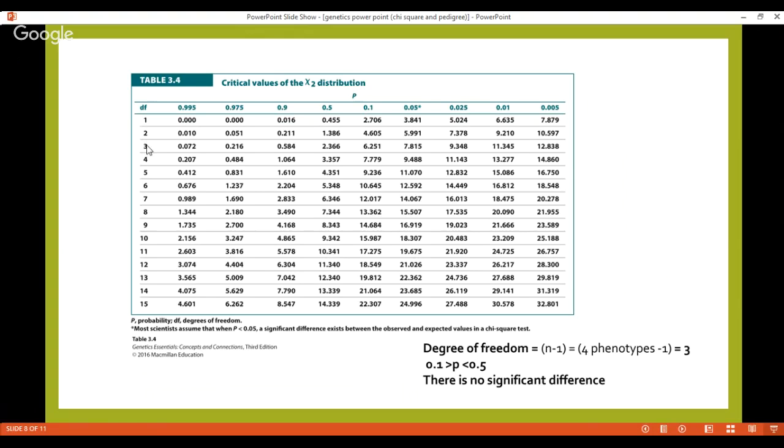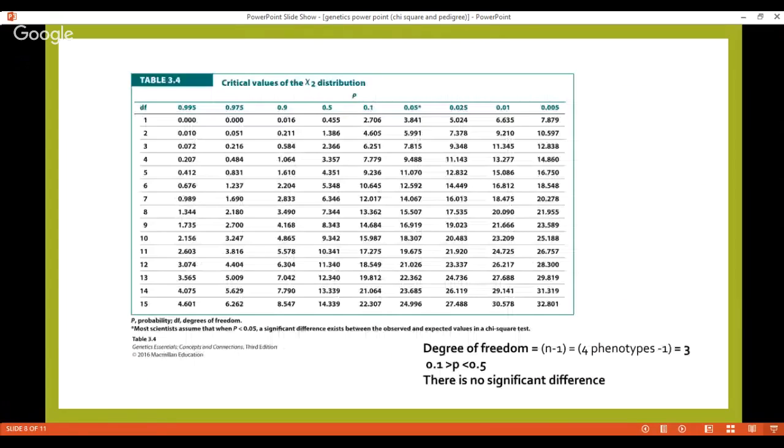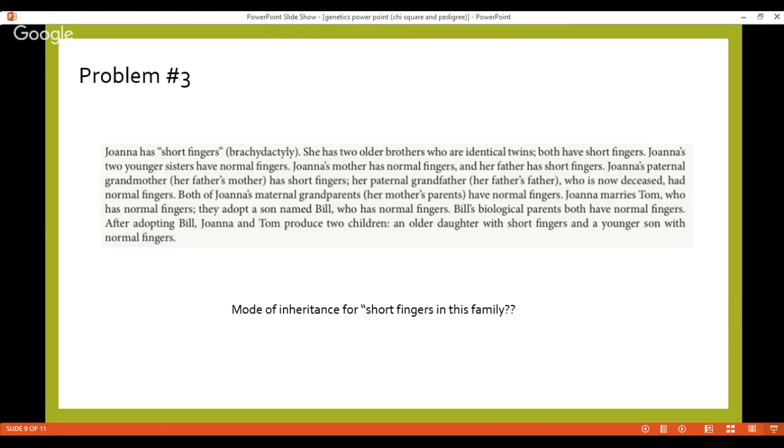So the degree of freedom is 3, and our chi-square value of 2.7 is going to be between 0.5 and 0.1. So there's going to be no significant difference between the observed and expected values.